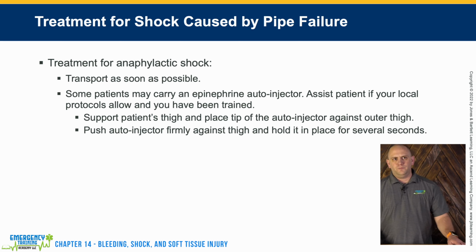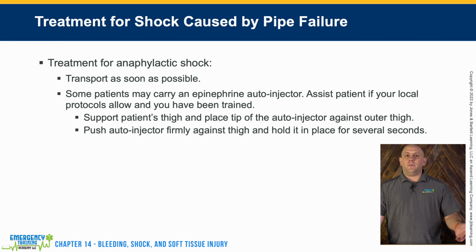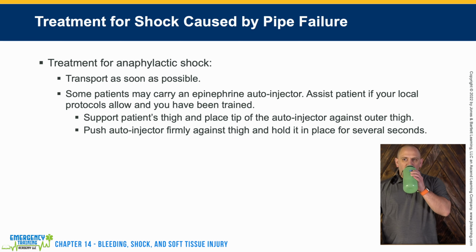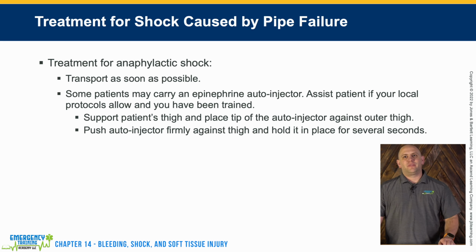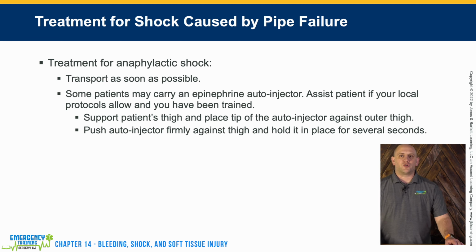So if we need to keep them warm, we will treat any of the symptoms of shock that we see and arrange for prompt transport to a medical facility. Treatment for our septic shock patients, once again, same thing. We're going to treat the ABCs, treat any of the symptoms that we see, and arrange for transport.